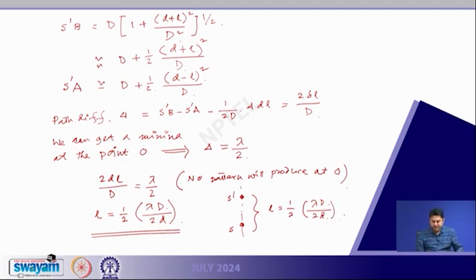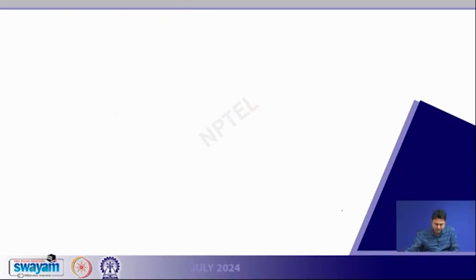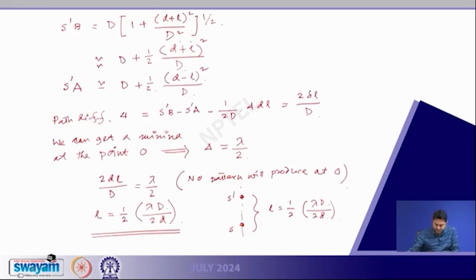So that means for an extended source, if I want a good interference pattern, we require that the separation between two points of the extended source should not be close to the value lambda D divided by 2L, but rather much smaller than that, because in the last case we found that this is a half term.